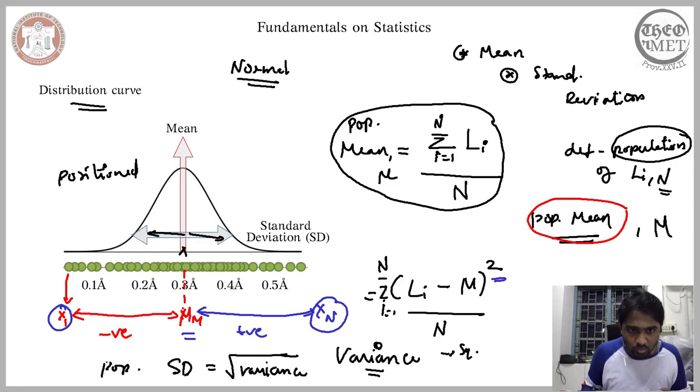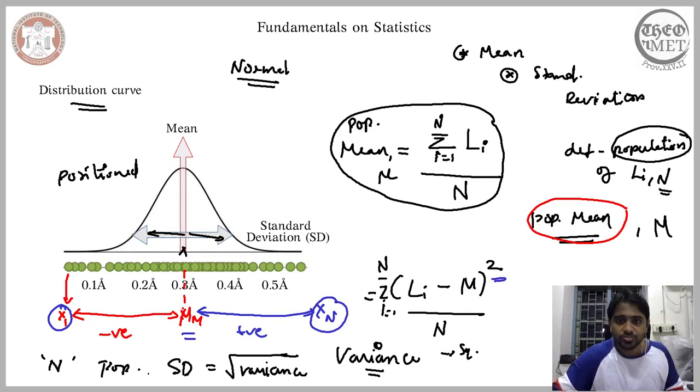Again, this is estimated from a population of size n, so this is referred to as the population standard deviation. From the population mean and the population standard deviation, it is possible for us to estimate the configuration of our distribution curve. Mean gives the position, and the standard deviation gives us the spread of the curve.